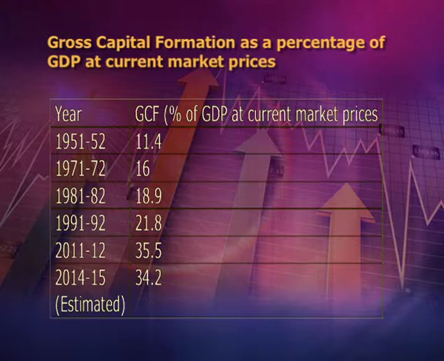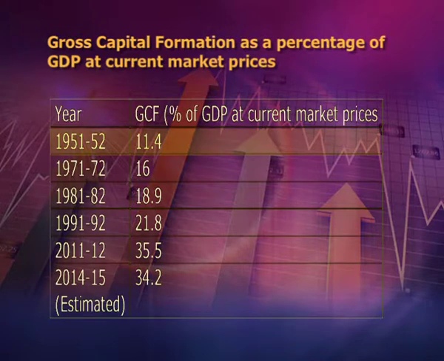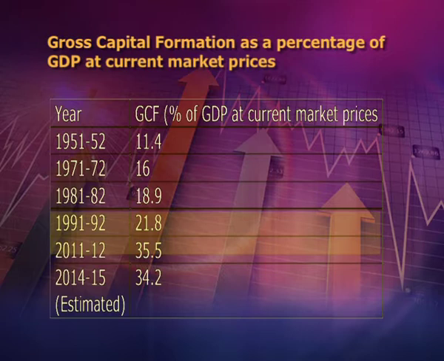Let us look at the data for gross capital formation as a percentage of GDP at current market prices. Let us see the table here. We observe that since 1951-52 until 2014-15, the gross capital formation has continuously increased.